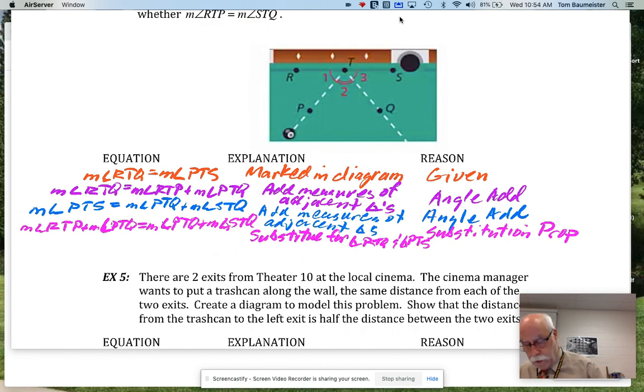So again, on this one here, I'm going to subtract, and it's the subtraction property of equality. When I have to use the subtraction and substitution, it's hard to just say sub property, because I don't know if you're talking about substitution or subtraction. But on your homework, a lot of it's drag and drop for you, so I think that'll be okay. We're going to subtract the measure of angle PTQ from both sides.